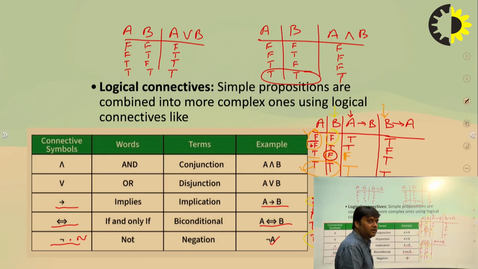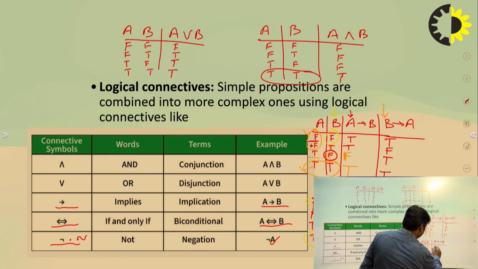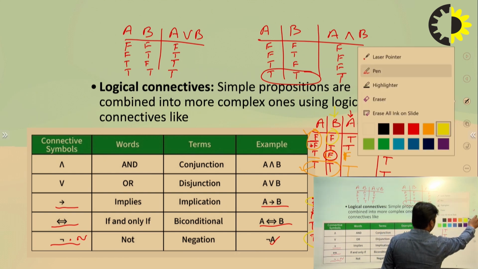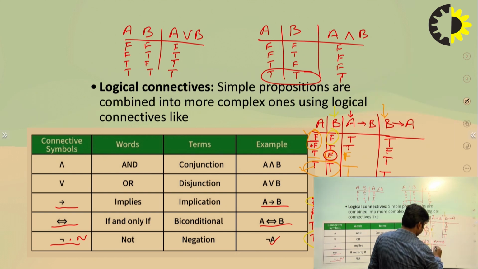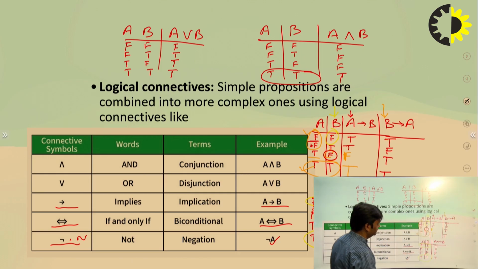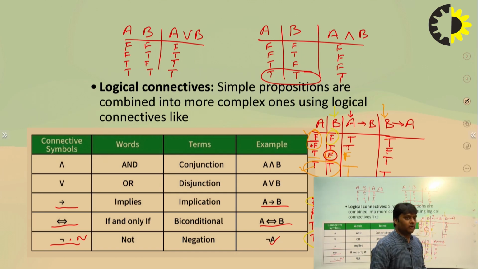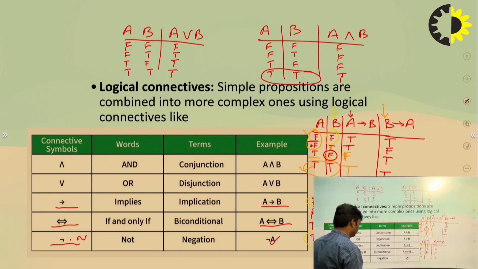Else the output will be false. Only for these two conditions will the output be true, else the output will be false. So true, false, false, true. So this is the truth table for biconditional.